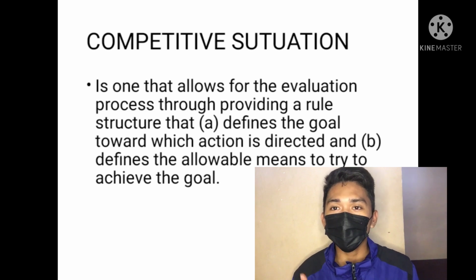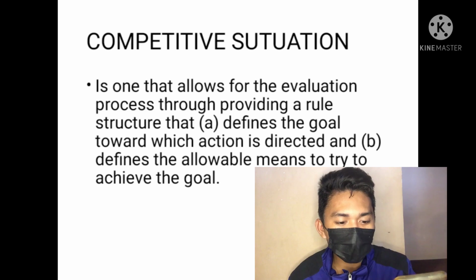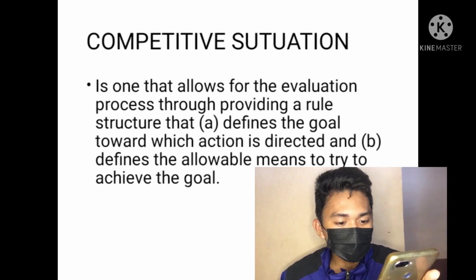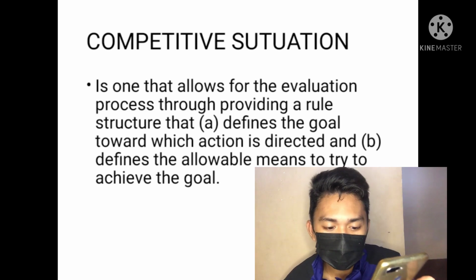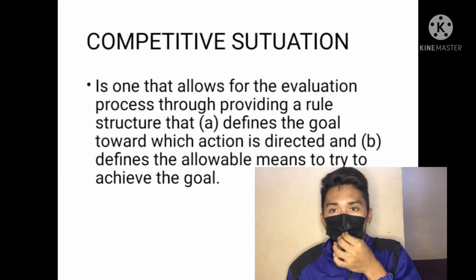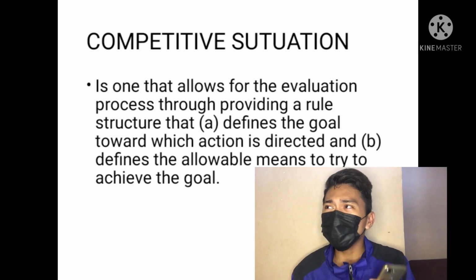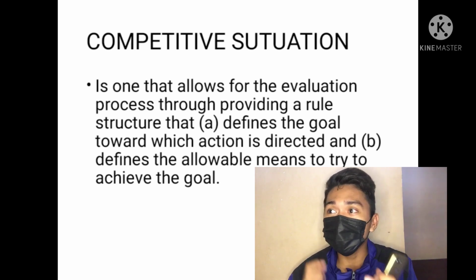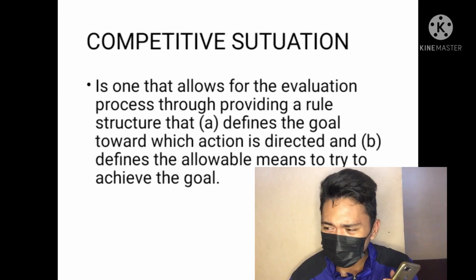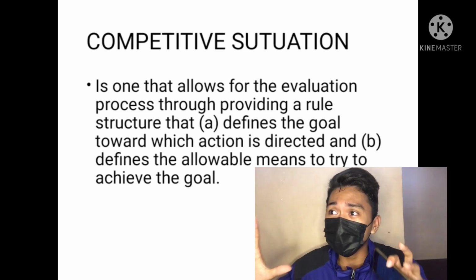Question number two is, what is a competitive situation? A competitive situation is one that allows for the evaluation process through providing a rule structure that A defines the goal toward which action is directed, and B defines the allowable means to try to achieve the goal. When we say competitive situation, from the word competitive, when we play volleyball or any competitive situation, our mind is captured by the goals, by the trophies.